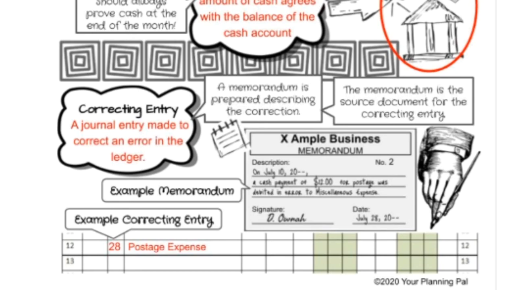So we're going to fix that here. And it was $12. And then since we accidentally debited it to miscellaneous expense, now we have to credit miscellaneous expense to take it back out. So our miscellaneous went up. Now we're taking it back out where we accidentally put it in the first place. And then our source document is M2. You'll see the little number 2 up there on the memorandum.